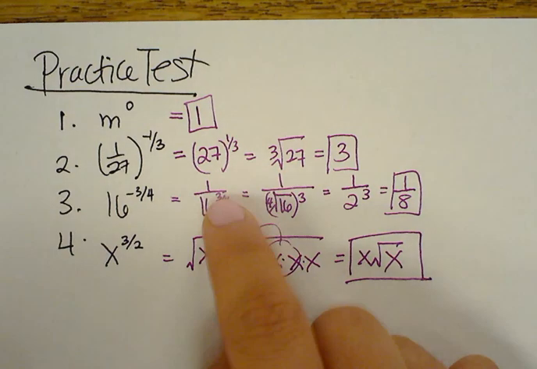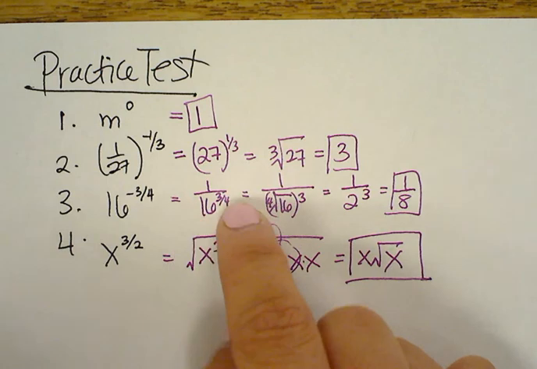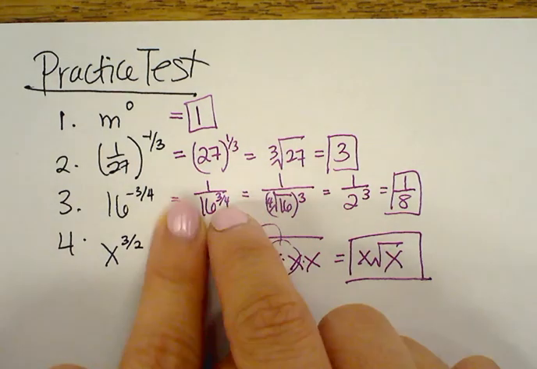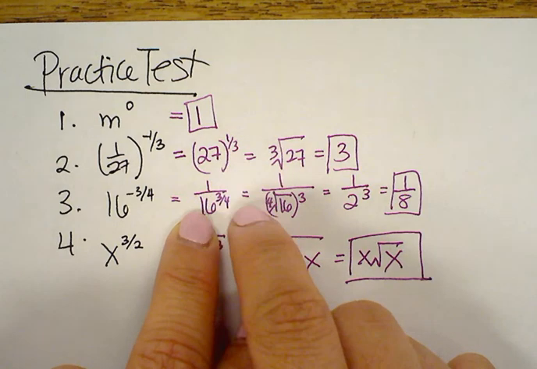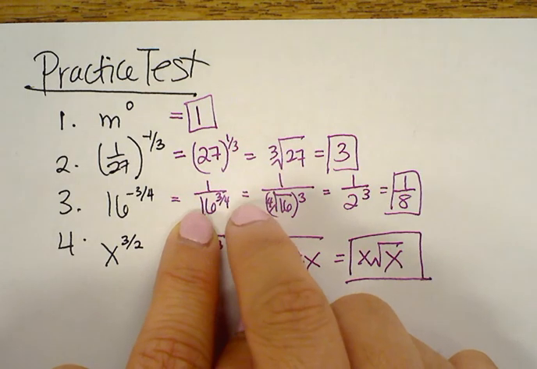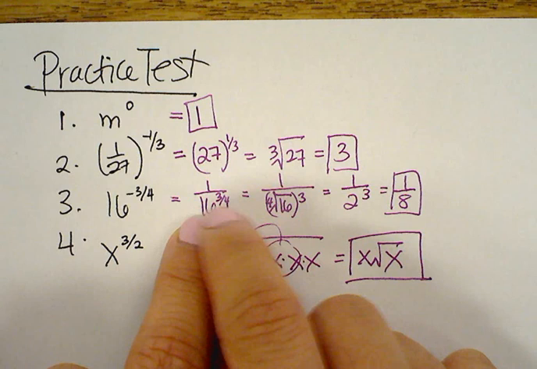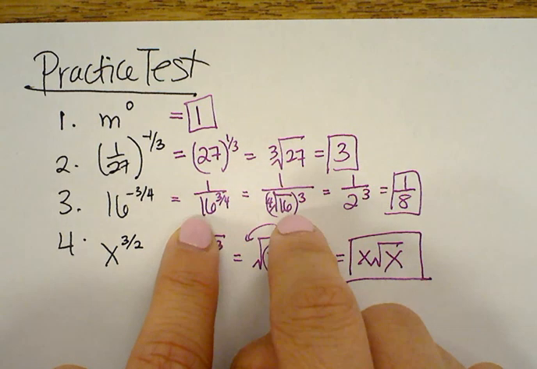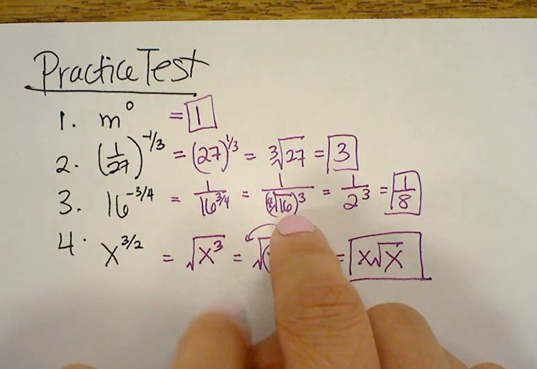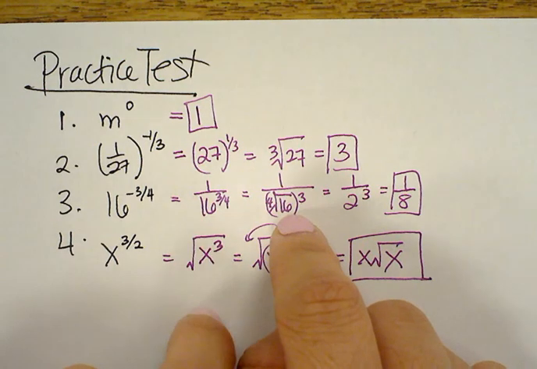Remember that's the 4th root of 16, cubed. Is it easier to do the 4th root of 16 first or the cube first? The 4th root, because 16 is a perfect 4th power. What's the 4th root of 16? 2. And what's 2 cubed? 8.